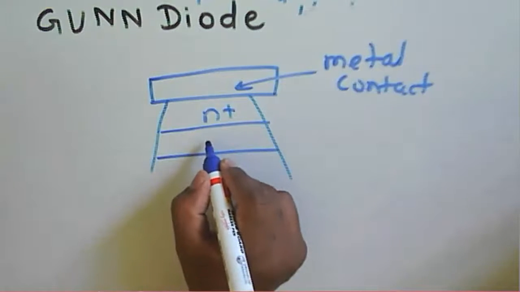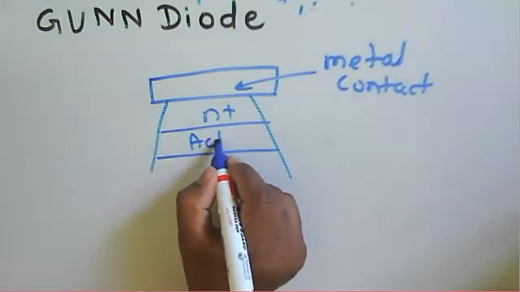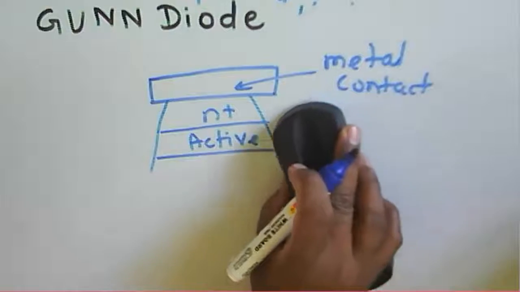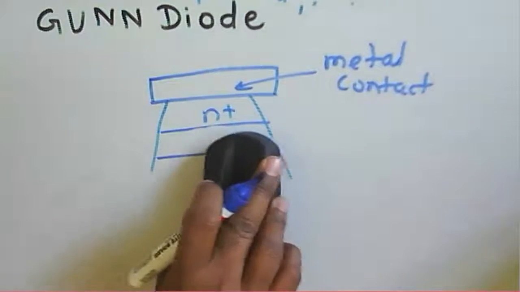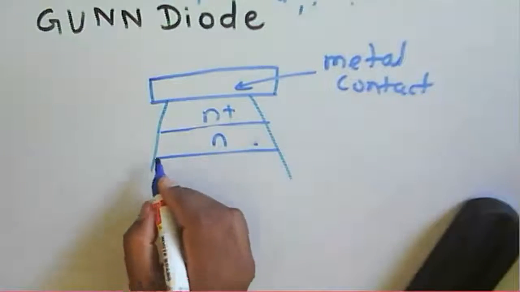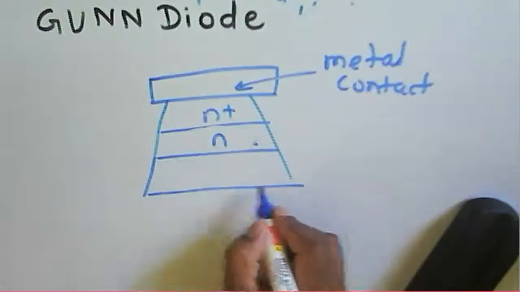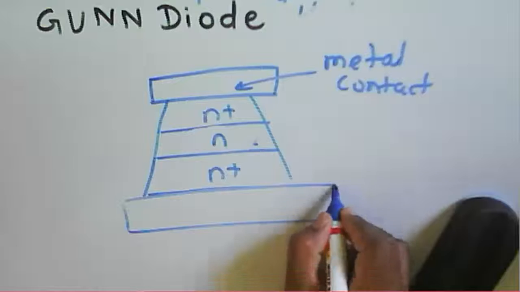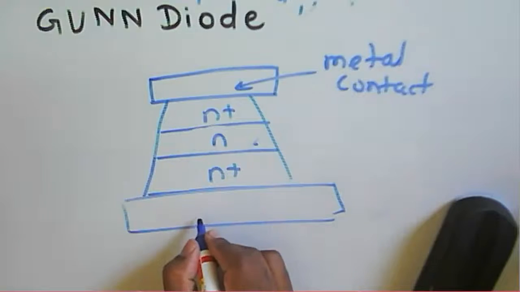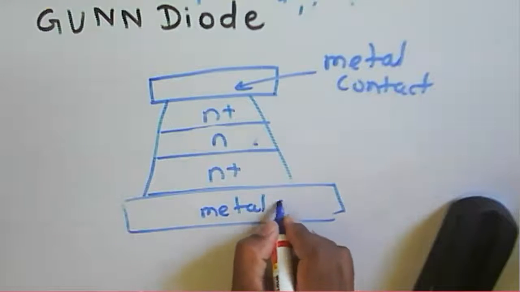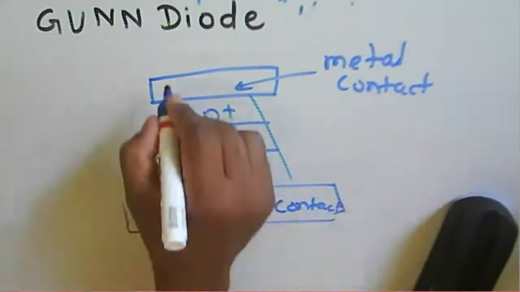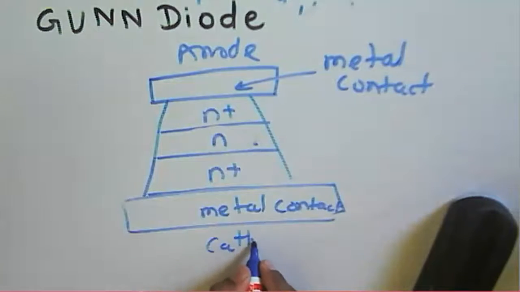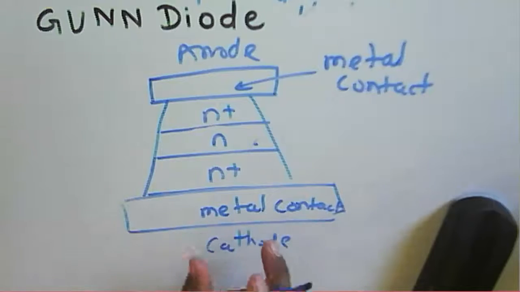Then here we have the active n layer, and then an n plus layer. This is a metal contact for the cathode.